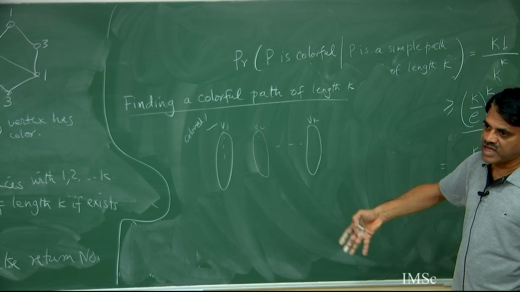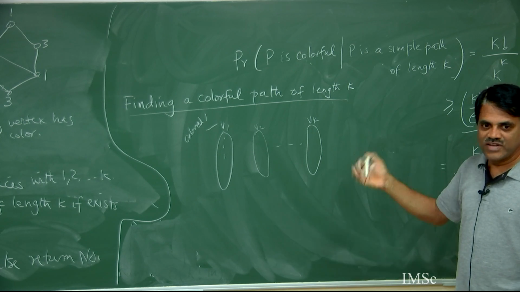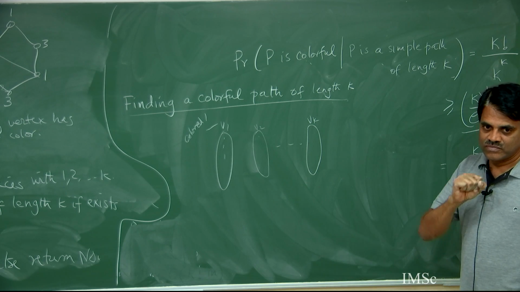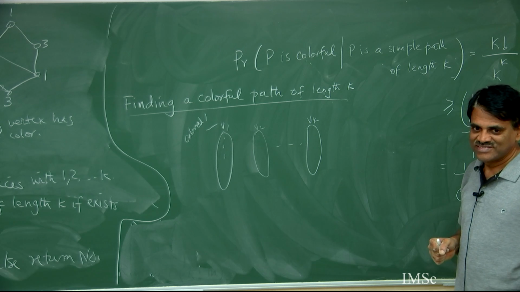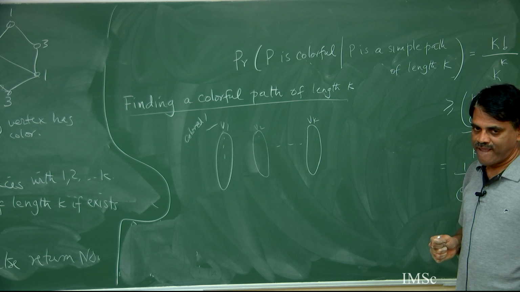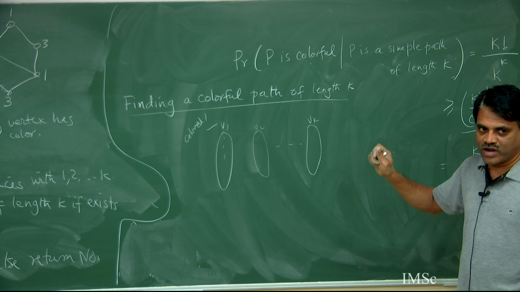Now, each color class will have a lot of choices, up to n by k. So, naively... You can just contract everything into one vertex. If a k path exists, it might be part of a cycle. Now, how do you draw edges across if you contract them?